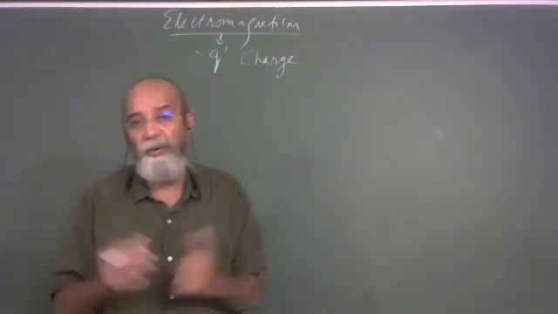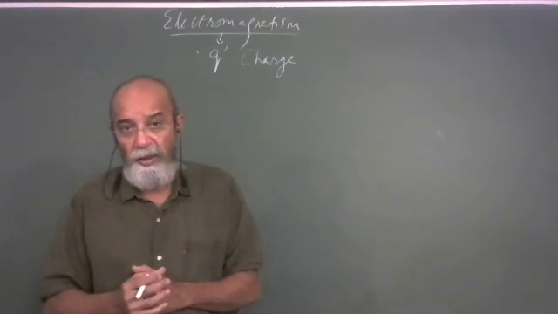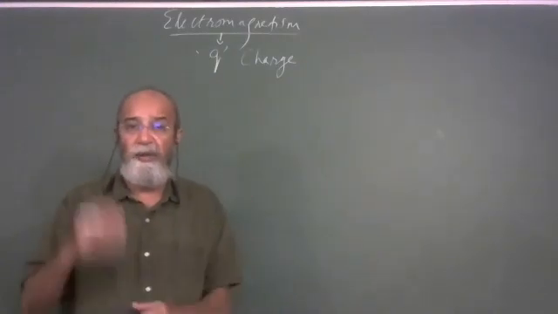A light wave or light is a disturbance of the electric field and magnetic field.